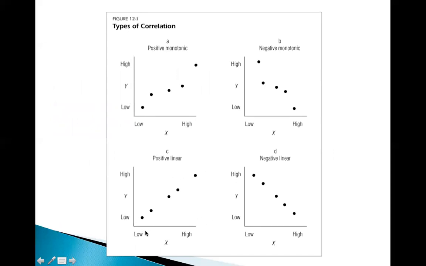It's going to be talking about the relationship between the independent variable x and the dependent variable. Each of these dots would represent one of our units of analysis and where they would fall in relation to one particular independent variable and the dependent variable as well.